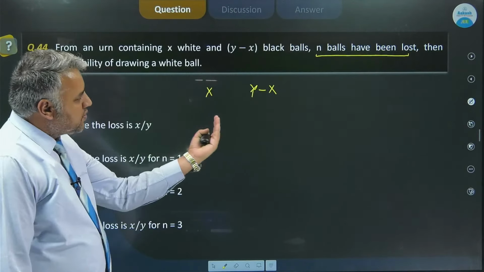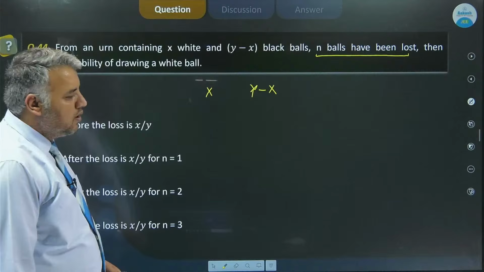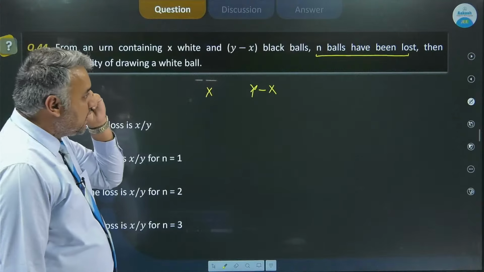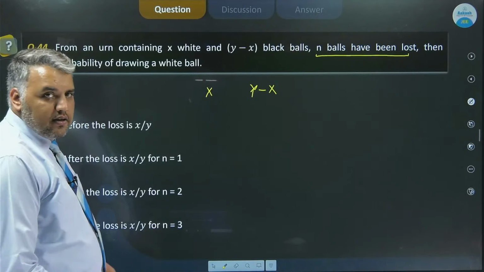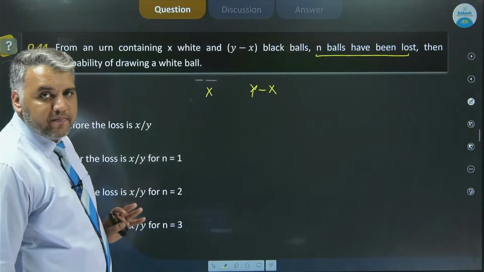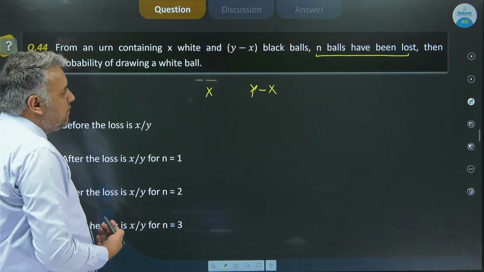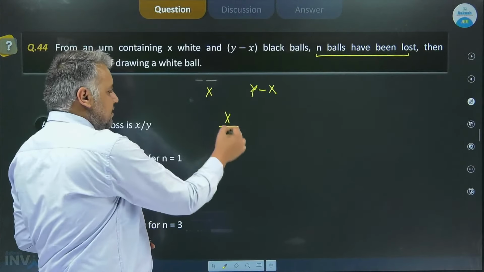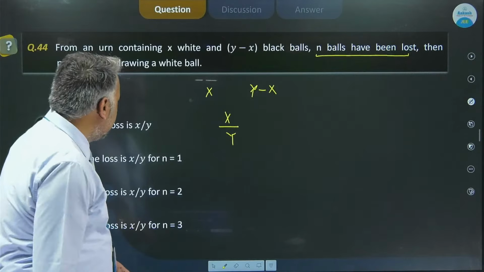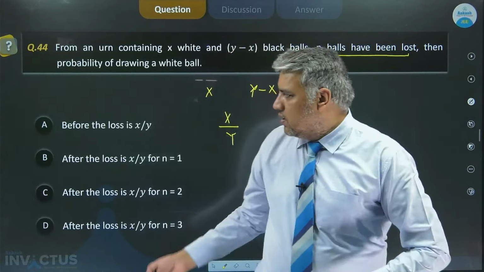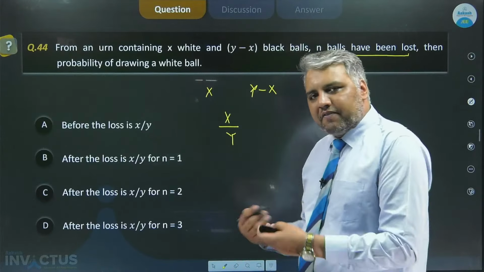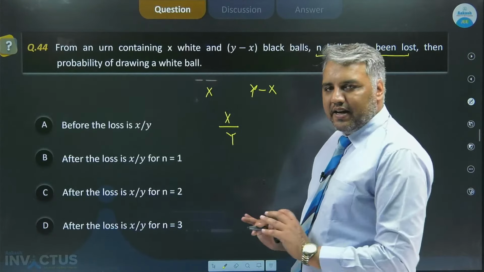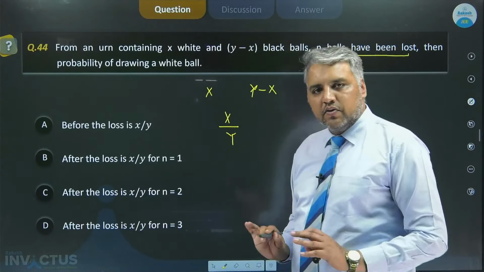Otherwise you can calculate it using the total probability theorem also. But until that result is given, which ball is missing or lost, white or black, the result will be independent of N. So initially, if we ask the probability of drawing a white ball, X are total white balls available, total balls are Y, so the probability must be X by Y. So in option 1, before the loss X by Y, and after the loss also the probability will be X by Y only, whether N is 1, 2, 3, until the information about the color is given.